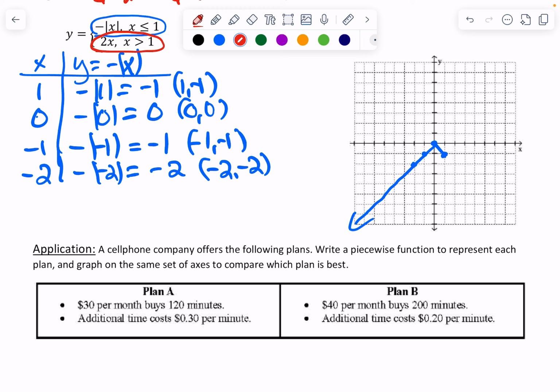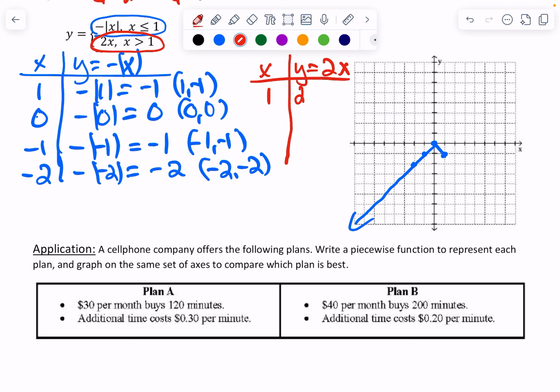So x is greater than 1, and y equals 2x. Again, we need to start with the 1 just to know where that point is, where we're going to draw the circle.